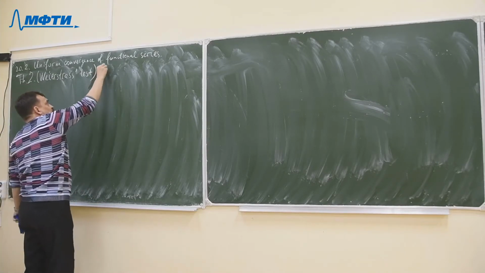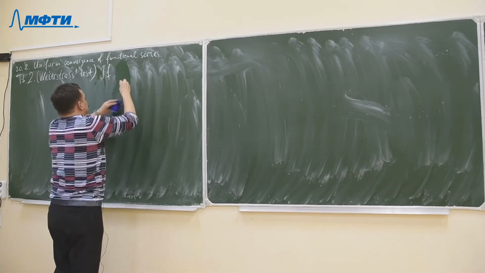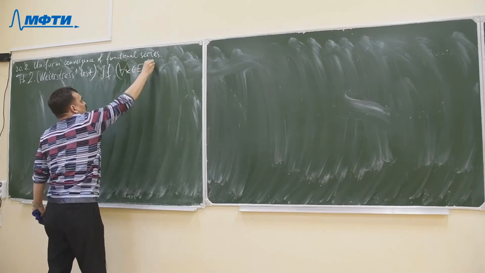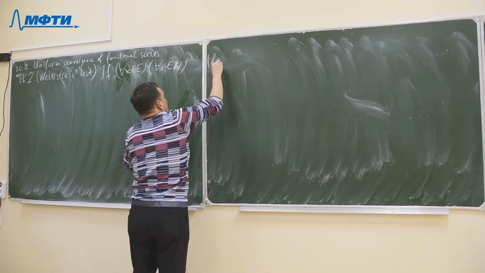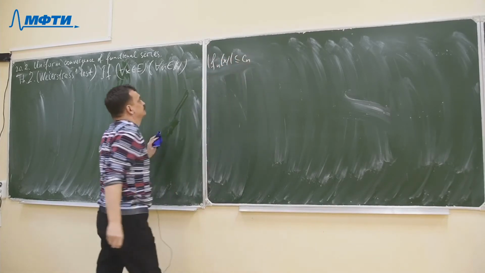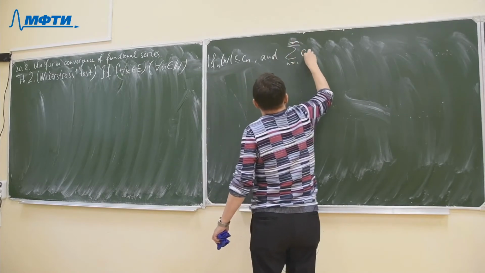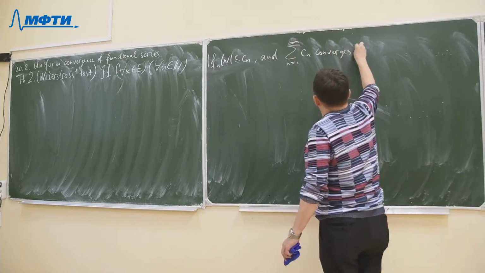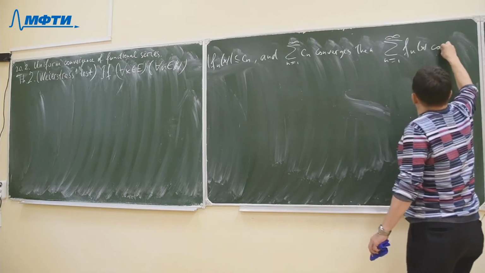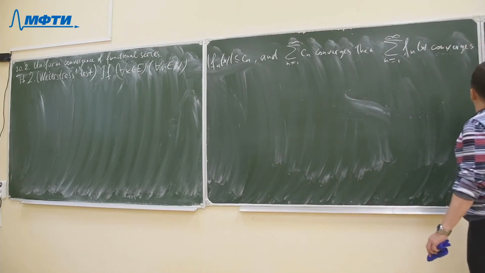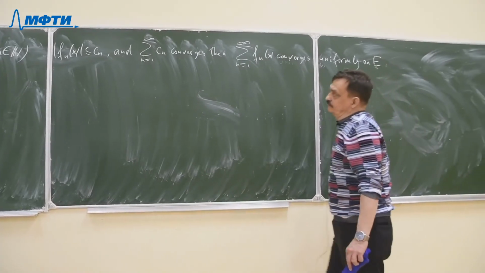If for arbitrary x in E and for arbitrary natural n, we have the following inequality: |fn(x)| is less than or equal to cn, and the series of cn converges, then the functional series of fn(x) converges uniformly on E. Proof.